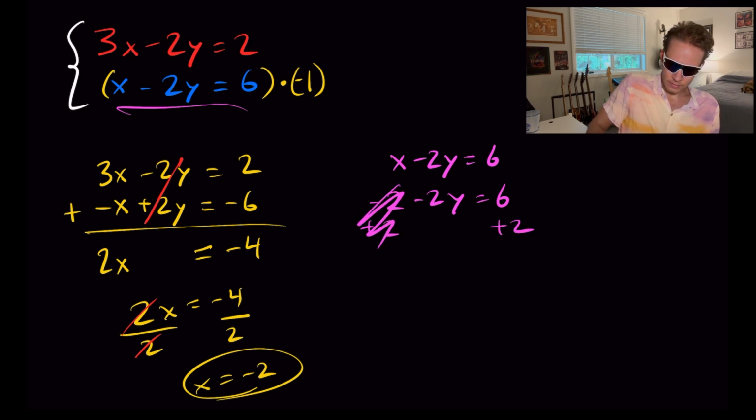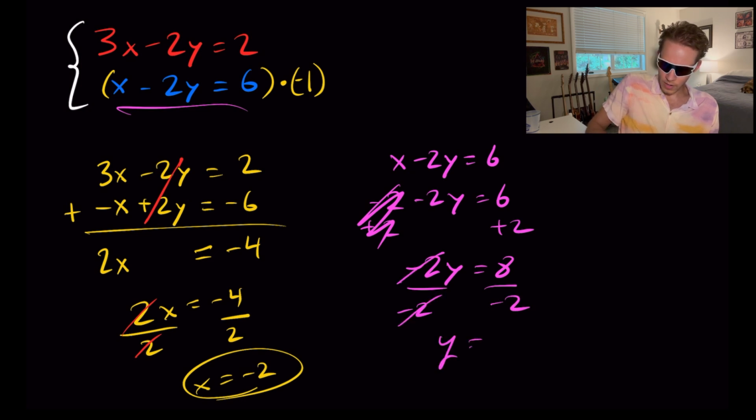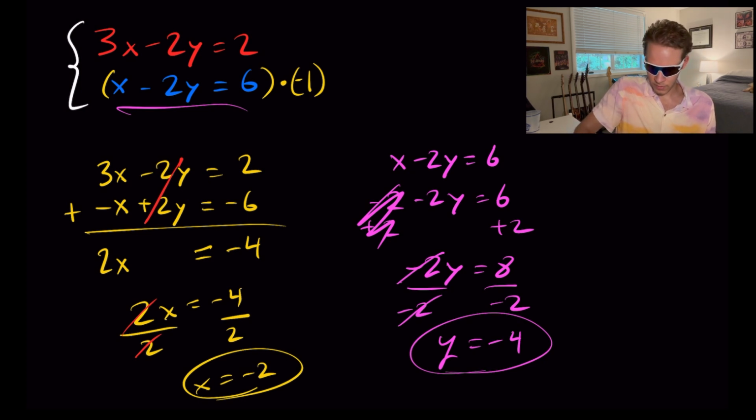So that's going to cancel out. We'll get negative 2y is equal to 8. Divide both sides by negative 2. Those negative 2's cancel. I'll get y is equal to 8 divided by negative 2, which is negative 4. So the solution to this system of linear equations is going to be negative 2 comma negative 4.